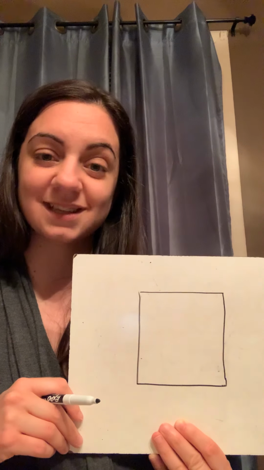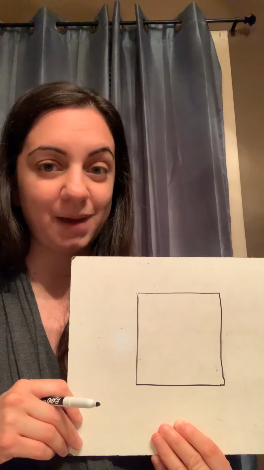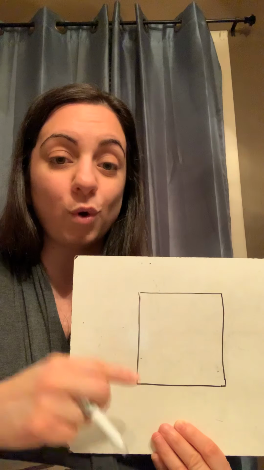How many sides does this shape have? 4. 1, 2, 3, 4. Are the sides straight or curved? They're straight. Are the sides open or closed? That's right, they're closed. How many corners does this shape have? That's right, 4. 1, 2, 3, 4.